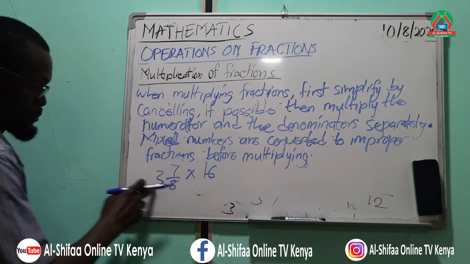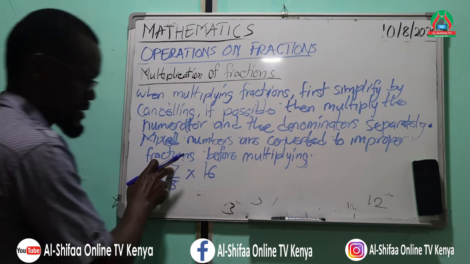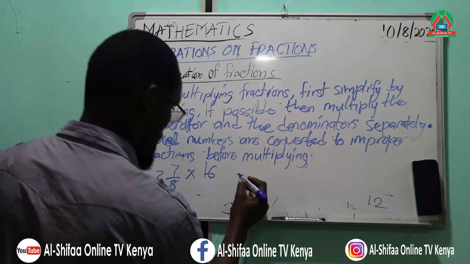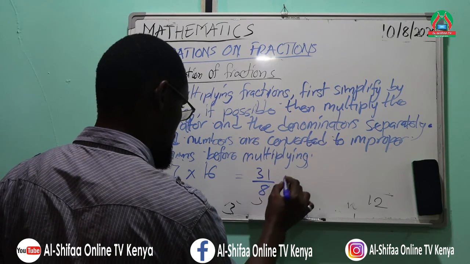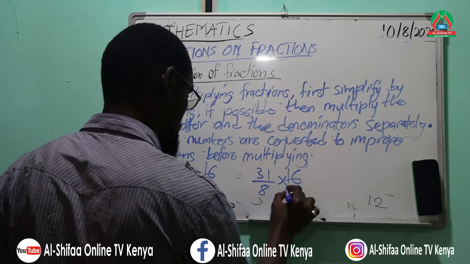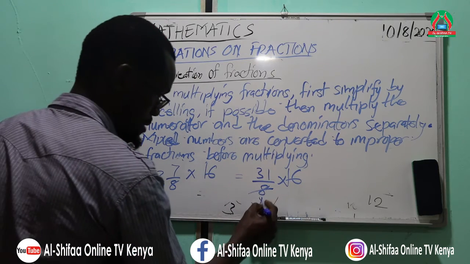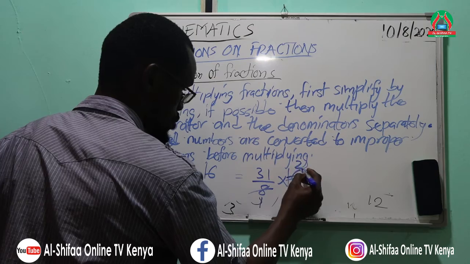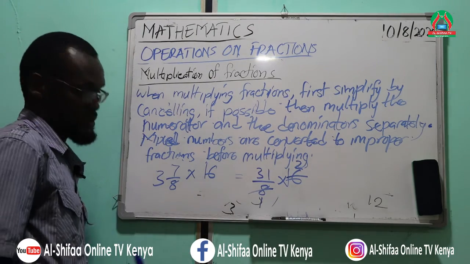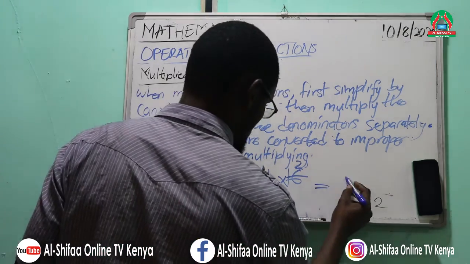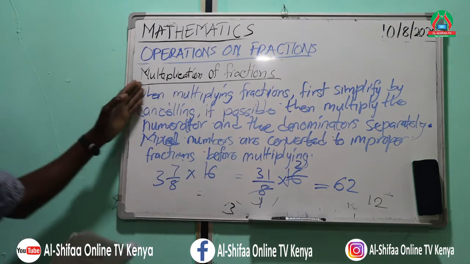So 8 multiplied by 3 will become 24, plus 7 we get 31. So our operation becomes 31 over 8 times 16. So by 8 it becomes 1, by 8 it becomes 2. So it will be 2 times 31, whereby you'll get 62.